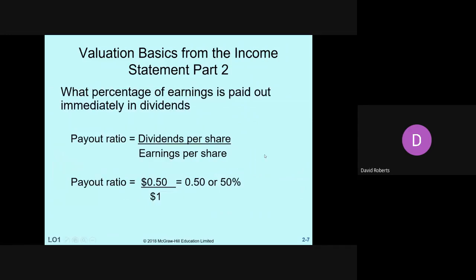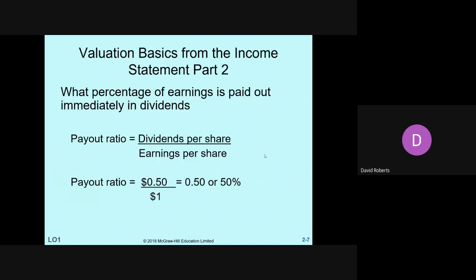The payout ratio is something you don't really talk about in accounting, but what that does is a corporation makes $1 in this case. And what they do is they pay 50% or 50 cents of the dollar goes to their shareholders. And what's called the plowback ratio. So you have the two.